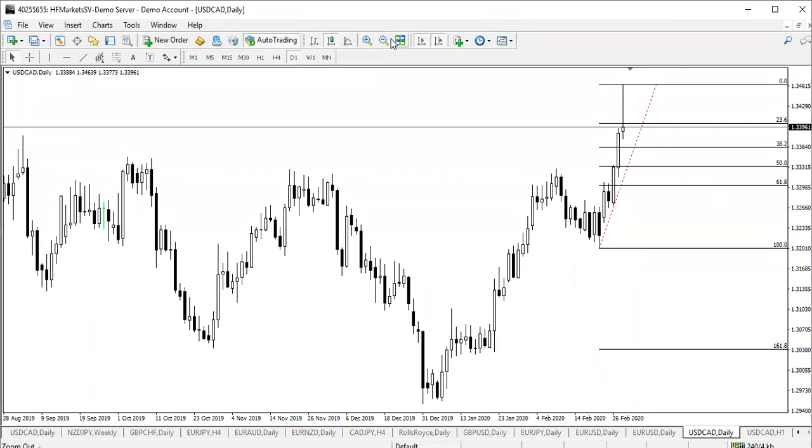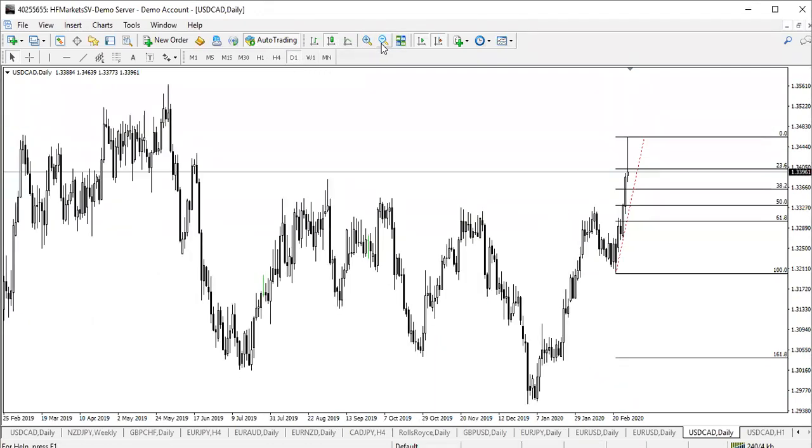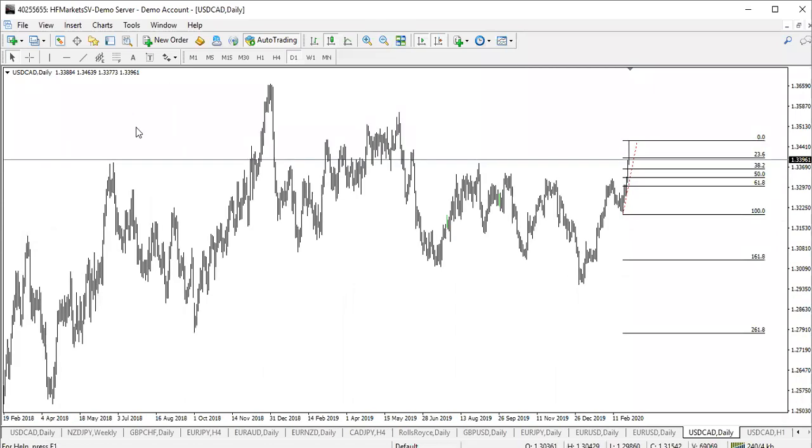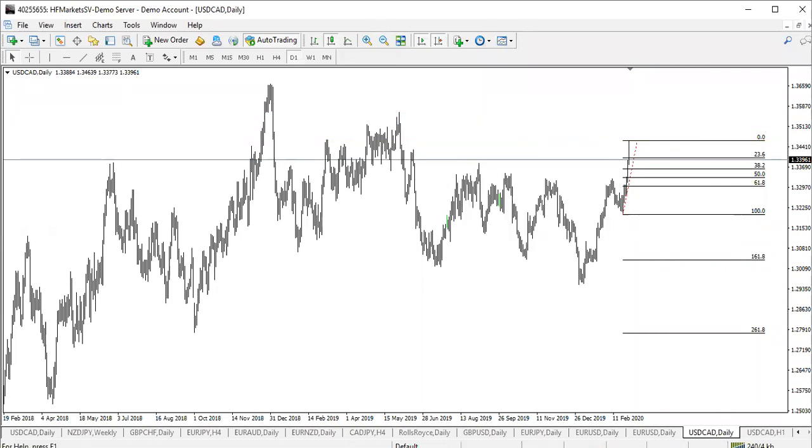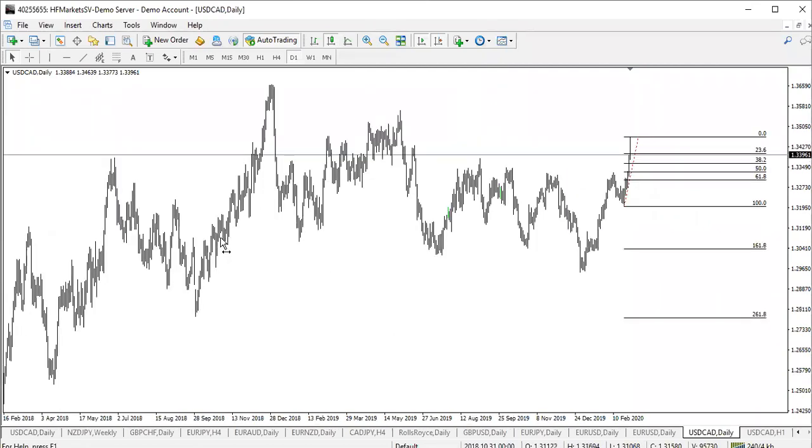But that is not enough to say we want to buy again, because we seem to be at a point where the trend could be exhausted. And that's why you need to do a complete setup before you know where to ride the trend.